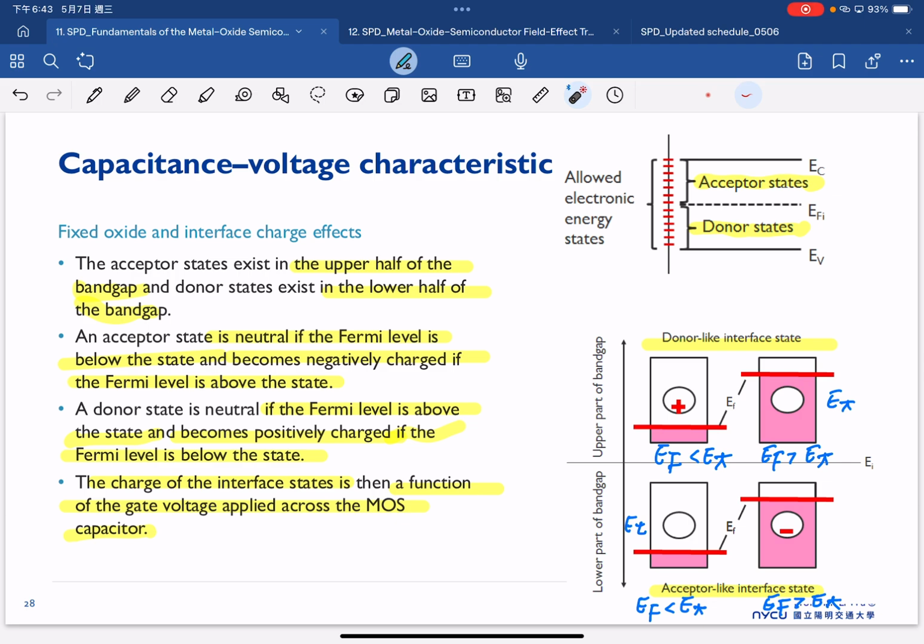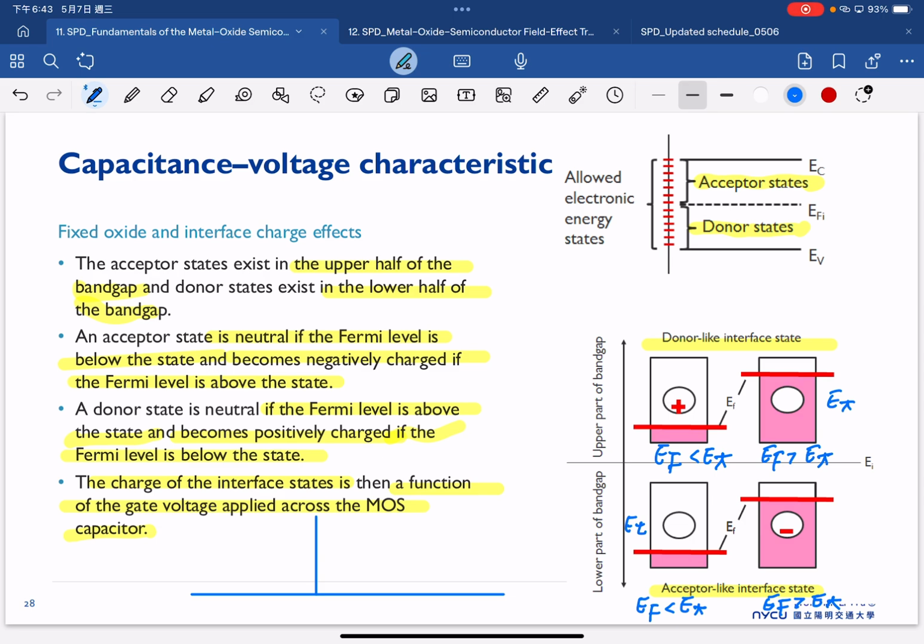So this also in the end gives us some results that can cause our VTH shift. For example, if you look at the ID-VG characteristic, as I said, in the end we want to correlate every physics concept with the most important thing, the transistor characteristic.